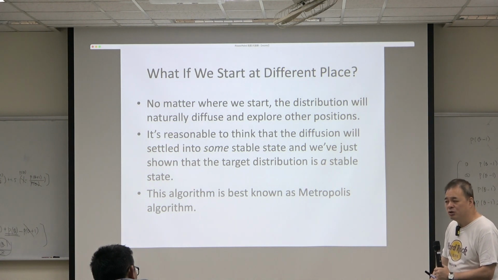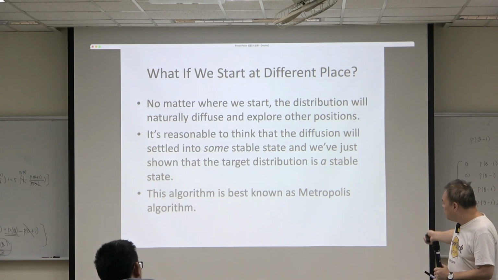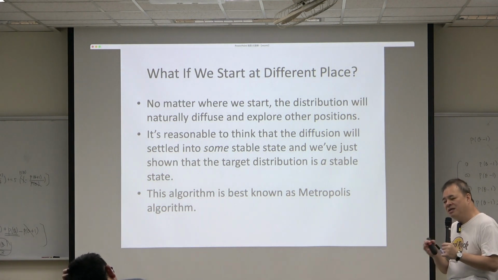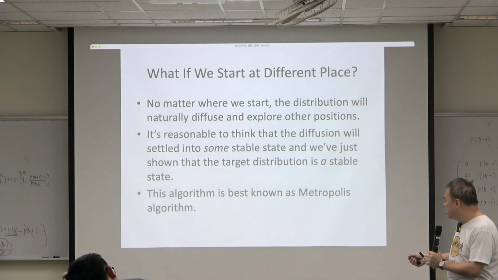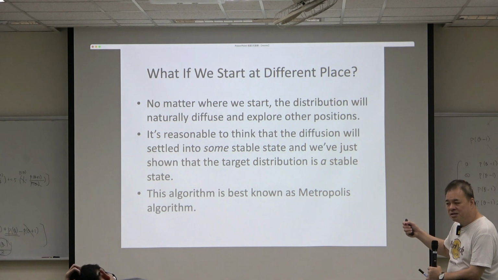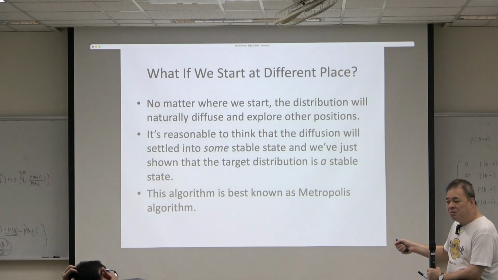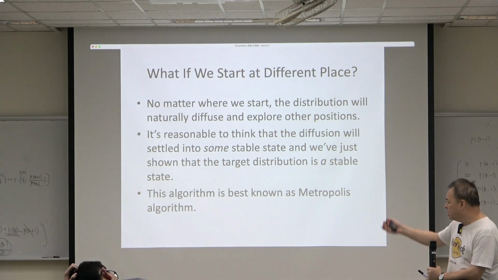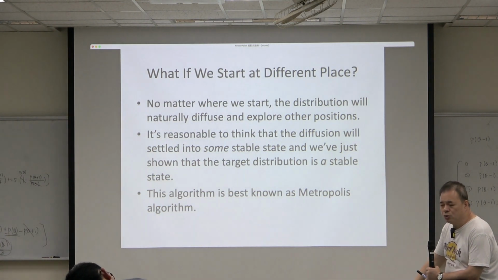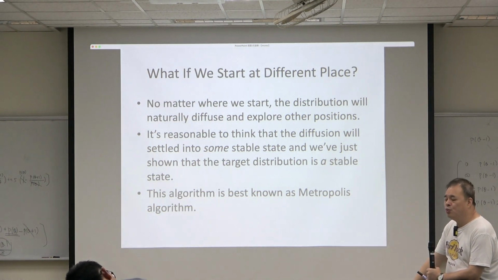This is just an argument to tell you that this diffusion process is eventually going to end up at some stable state, and this target distribution happens to be one of the stable states. But in all this derivation, I didn't show you there's only one such stable state, so I cannot say this is a proof.